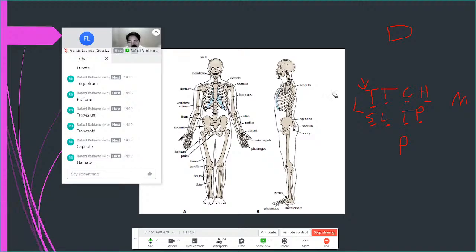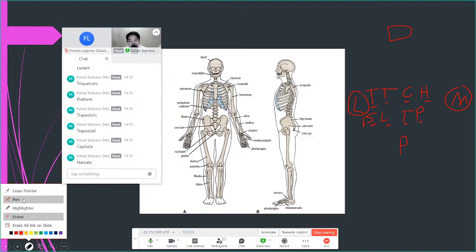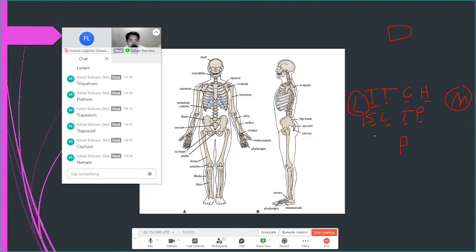Now you should write them from lateral to medial, proximal row then distal row. Don't forget. This is usually a question in basic gross anatomy. The question will be: which carpal bone in the proximal row is the most lateral?